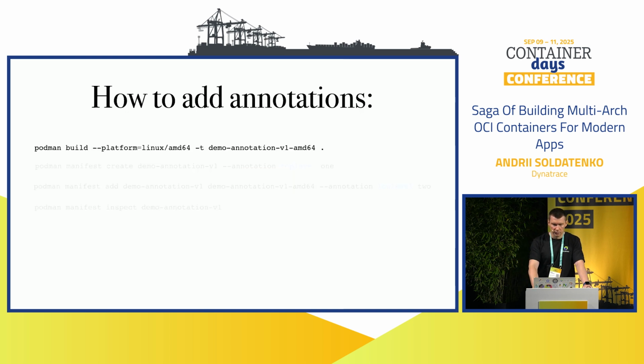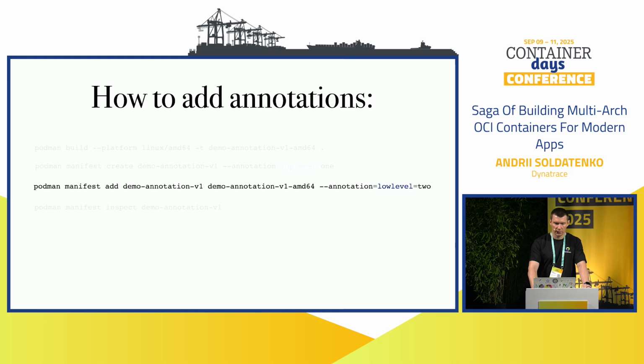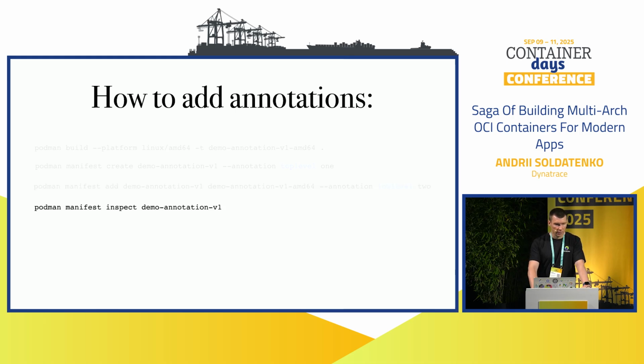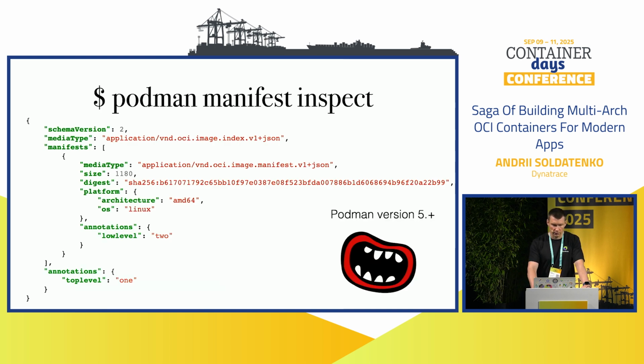How I did it: you just build an image, create a manifest, and then you have to annotate it. So it will be a top level annotation. Then you add your image, and you have to annotate this image when you add it to the manifest. That's the only way you can add annotation. And then if you inspect it, you will see my annotations, kind of.